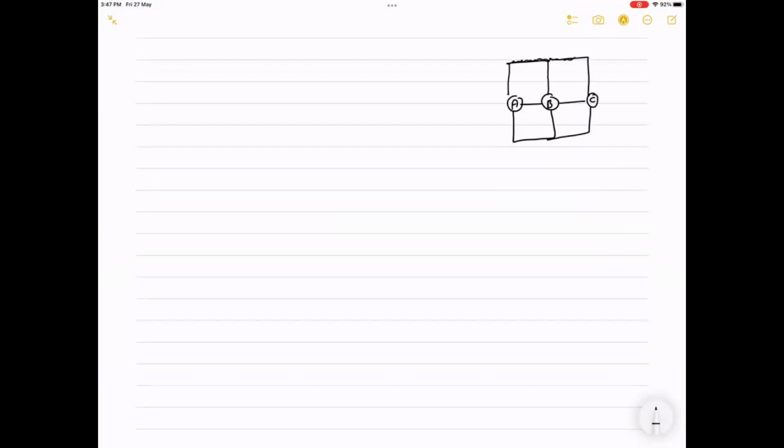That means I can plot this one like this, the other one something like this. I don't know, so each direction is a different one.